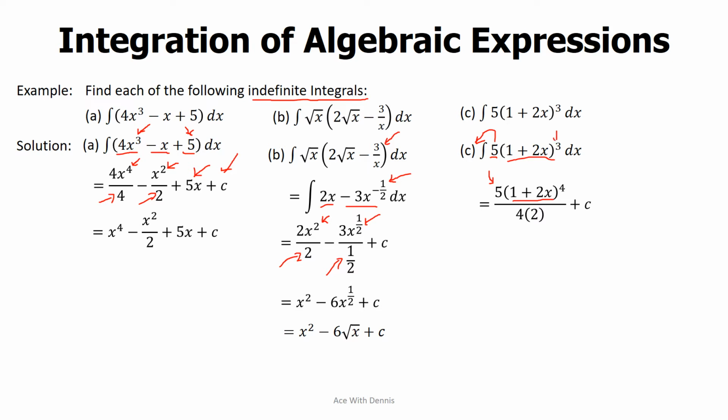So 3 plus 1, we get 4. Then divide by the power plus 1, we have the 4 here. And also differentiate the bracket, 1 plus 2x, we get a 2. The 2 we put at the bottom as well. Then we have a 2 here. And plus a constant c. Then after that, we simplify. The expression becomes 5 over 8 bracket 1 plus 2x power 4 plus c.